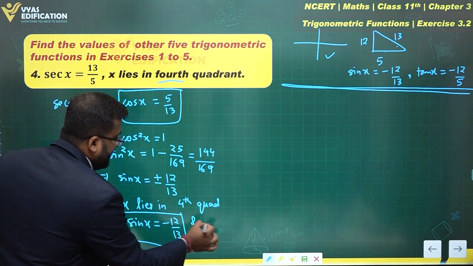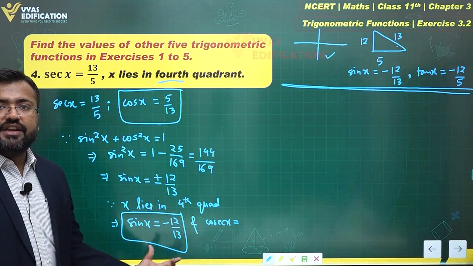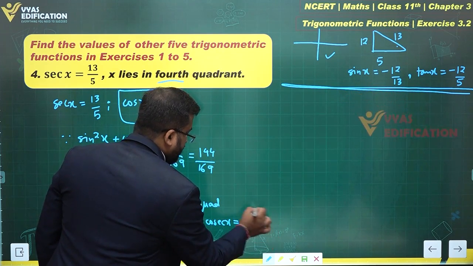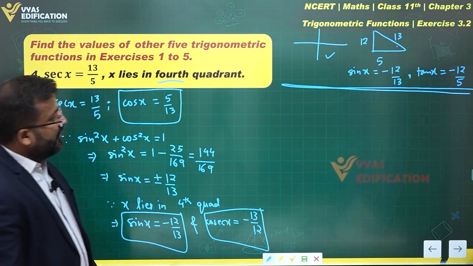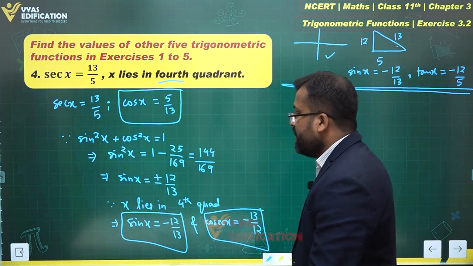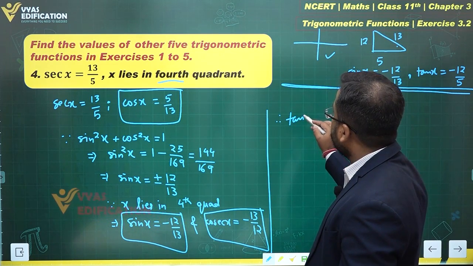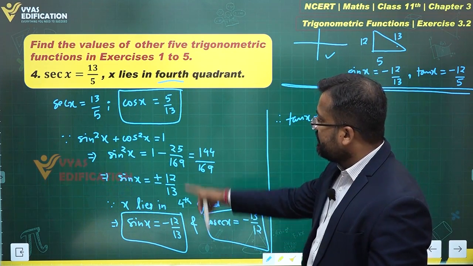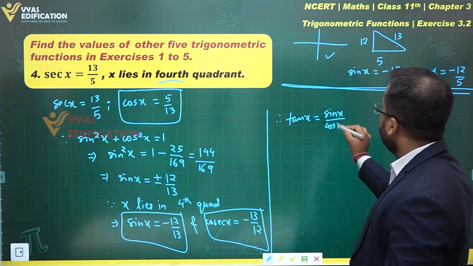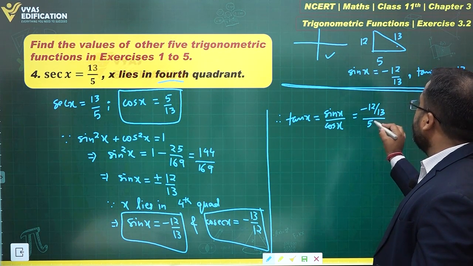Cosec x is the reciprocal of sin x, which would be minus 13 by 12. Once you have sin x and cos x, tan x will be equal to sin x upon cos x, which is minus 12 upon 13 divided by 5 by 13.